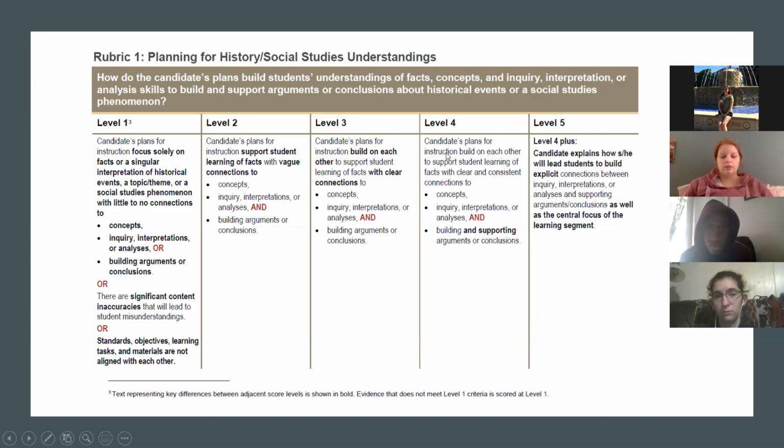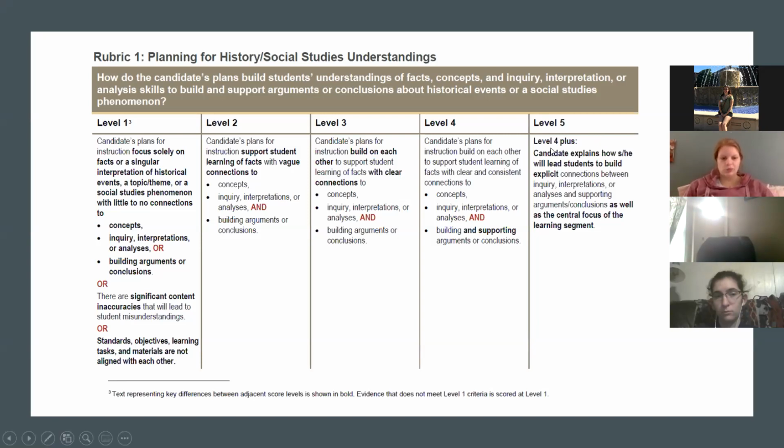So in level 4, I see the same thing. Candidates' plans for instruction build on each other to support student learning. And not only do I build arguments, I also support arguments, right? So level 4 means that I ask students to provide evidence. A good example in history would be that they looked at primary documents and said, here's some support for what happened.